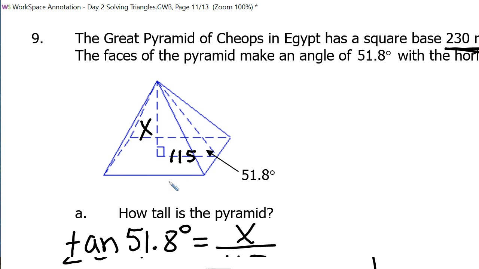The opposite of divide by 115 would be multiply both sides by 115. And again, sides will be rounded to the nearest tenth. So to the nearest tenth, let me know what you get. 146.1 meters. Don't forget those units. So 146.1 meters.